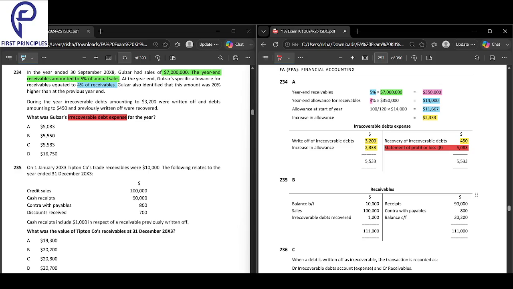In that, 3,200 was written off, and the increase in the allowance this year is 2,333. What was recovered will obviously be on the other side. Money came in, so it goes 450. So you got the balancing figure, and you understood what goes into P&L.